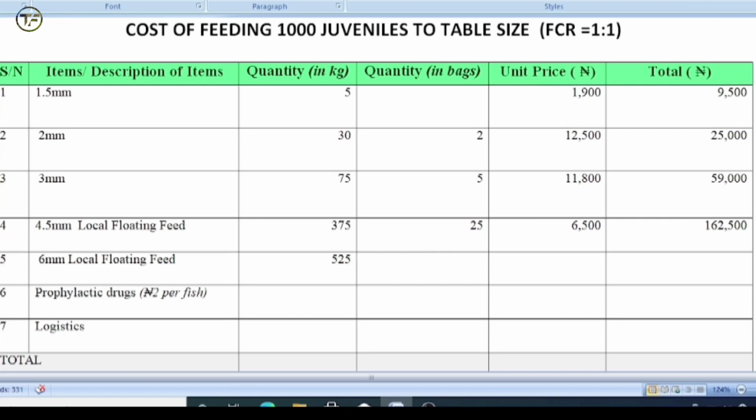Basically the difference you're going to see is the pellet size. It's bigger, it's 9 mm, and then 6 mm has a little bit more nutritional value. So I'm going to go for 6 mm, and the price range is the same. So we're using 6 mm, and the equivalence in bags is 35 bags.